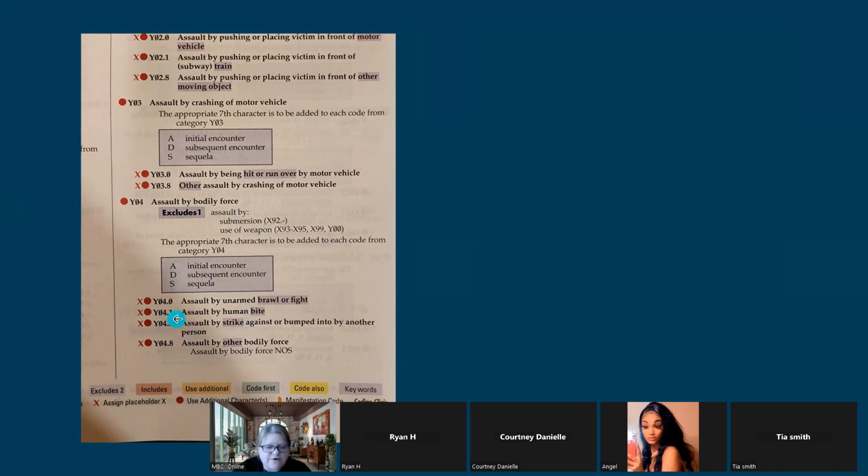So let's see, Y04.0, assault by unarmed brawl or fight. And then look down, it says bite, strike, assault by other bodily force. Brawl or fight seems to fit, right? So you've got 1, 2, 3, 4 characters there: Y04.0. And this was the initial fist fight, their first one, right?